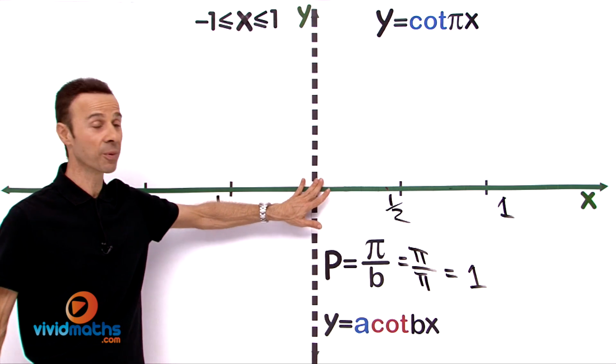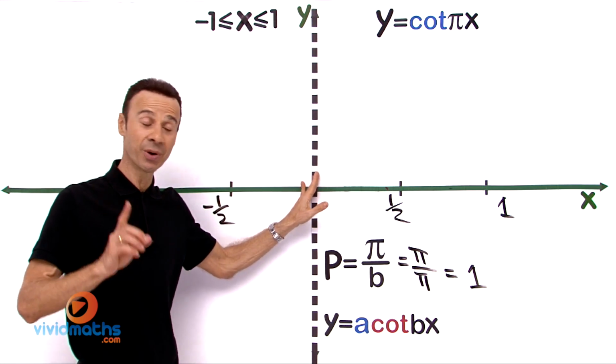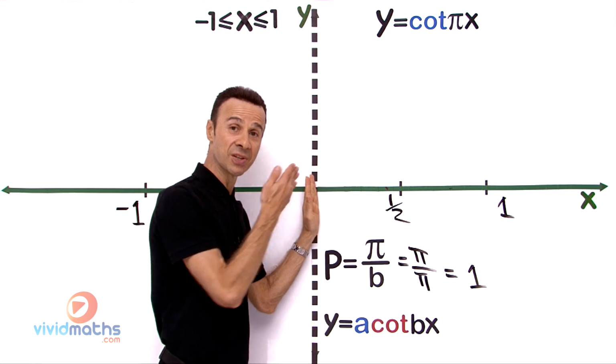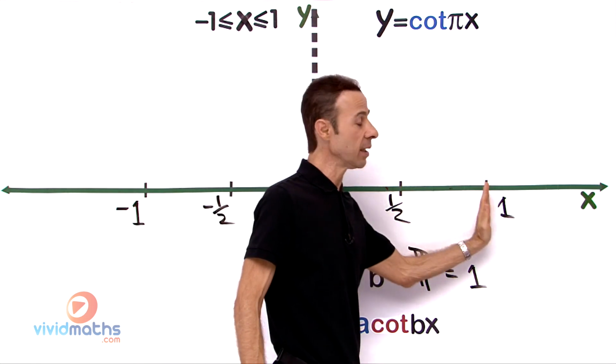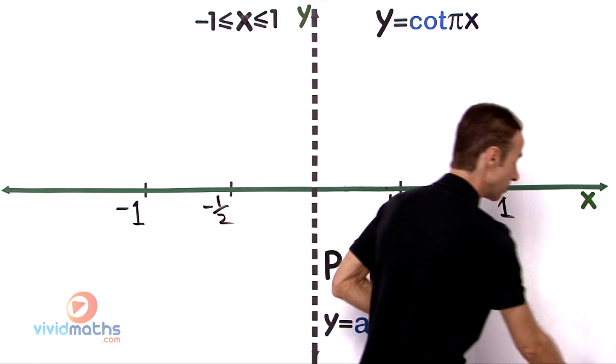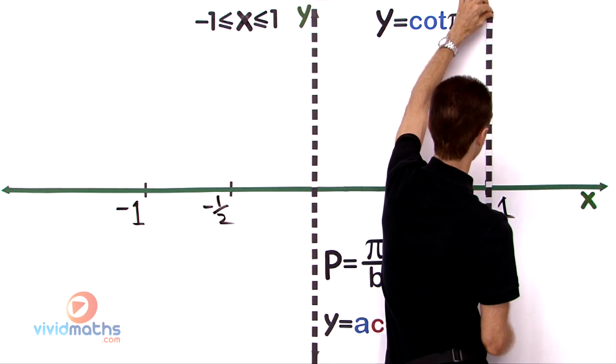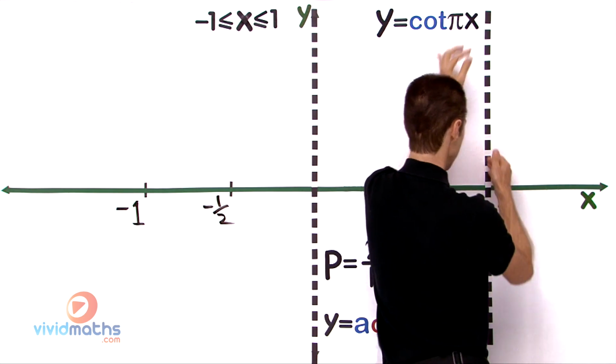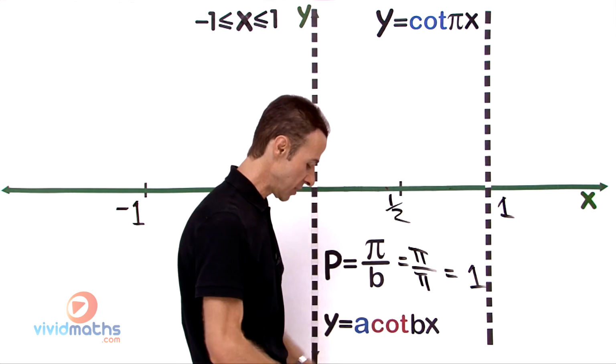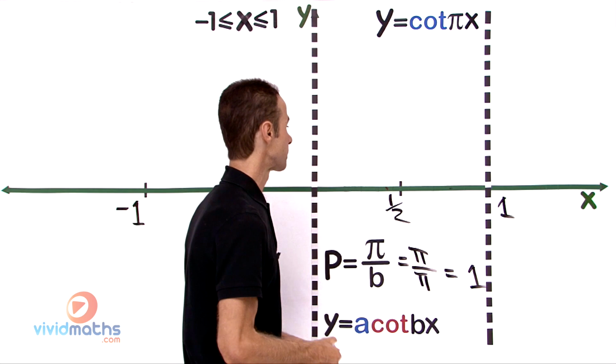There's our first asymptote. The next asymptote, since the period is 1, will repeat itself from this exact point to here at 1. So let's put another asymptote there. It helps knowing that period. There's the next asymptote, period of 1. Let me just mark it out in red.